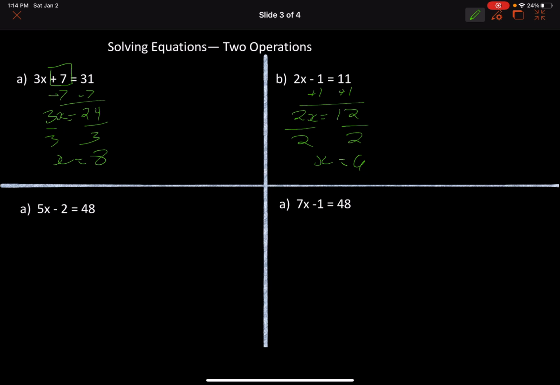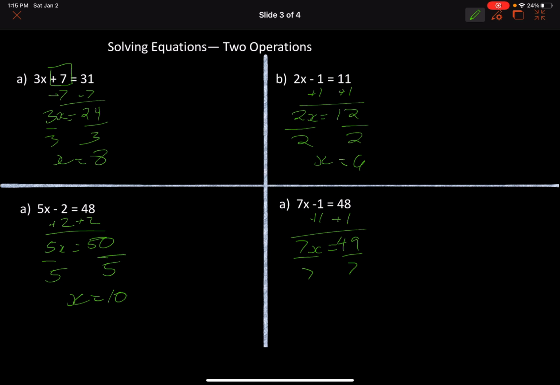Again, this is plus 2, this is going to be 50, 5x, so this is divided by 5, so x is equal to 10. Plus 1, this is going to be 49, 7x divided by 7, and this is going to be equal to 7.